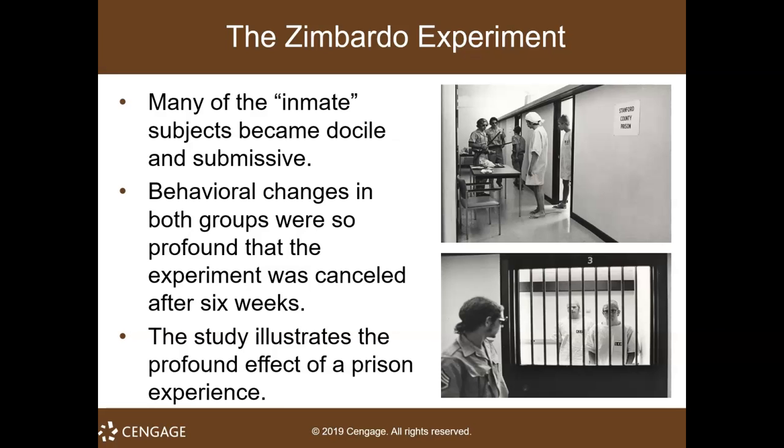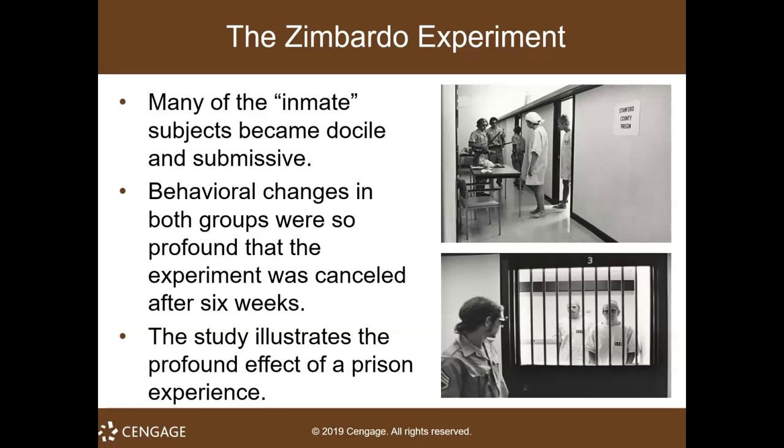From the possibility of becoming more authoritarian and demanding and even abusive on the guard side, to being manipulative or even submissive. It just kind of depends what your nature might be, but even on the inmate side.